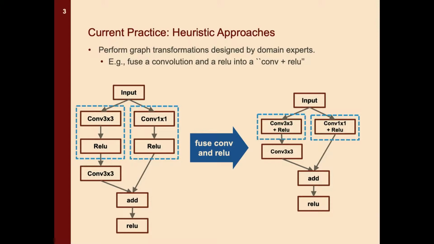And applying this graph transformation is very simple. Because these graph transformations are designed to optimize your performance, you can directly apply them whenever possible on your input graph, and this will give you an optimized graph in existing frameworks.